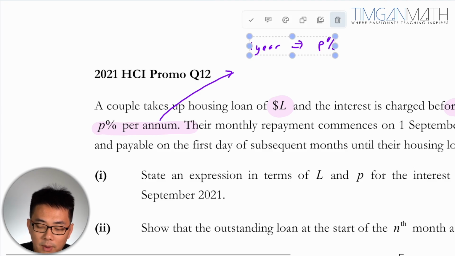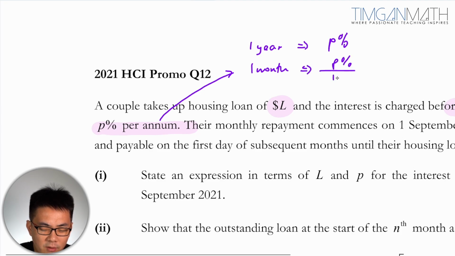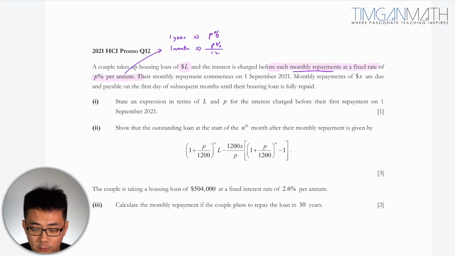But we know that every 1 year you have 12 months, right? So every 1 month would just be P divided by 12%. Just be very mindful of that.